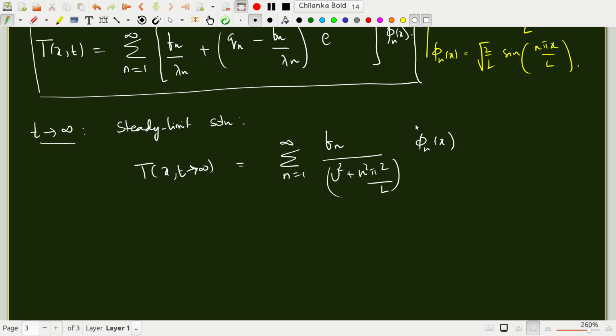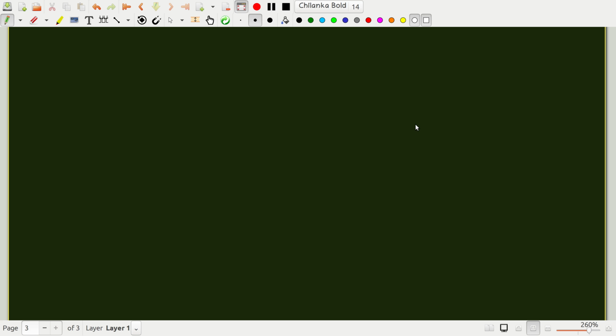Okay, so that's how one solves a partial differential equation with one spatial and one time coordinate. Now let's do another example wherein I'm going to do a partial differential equation in two spatial coordinates.